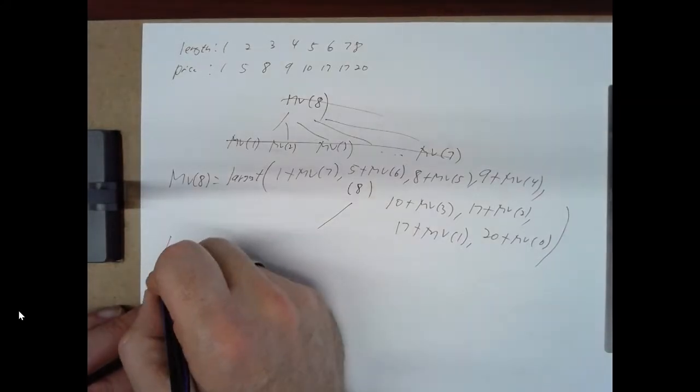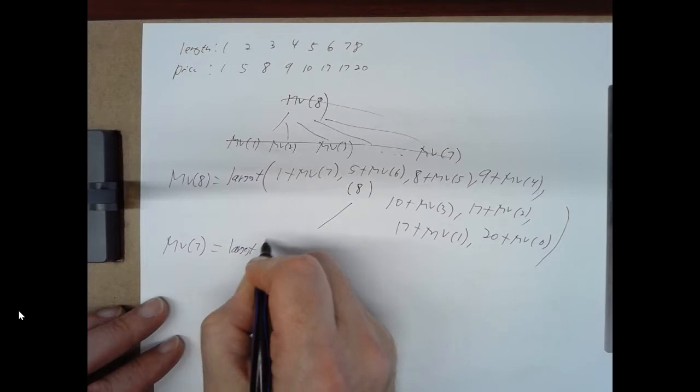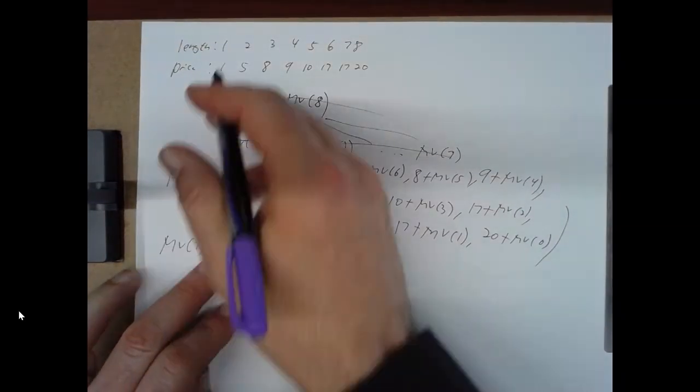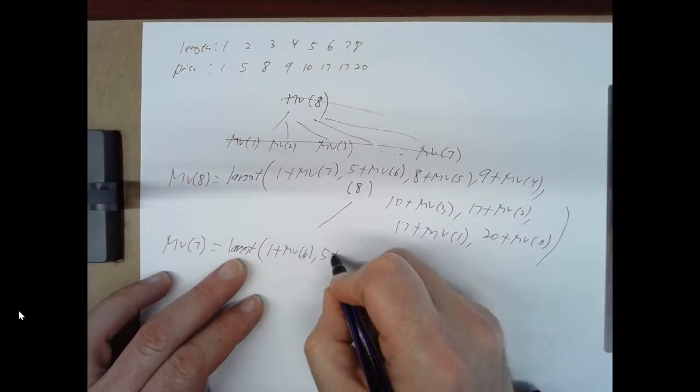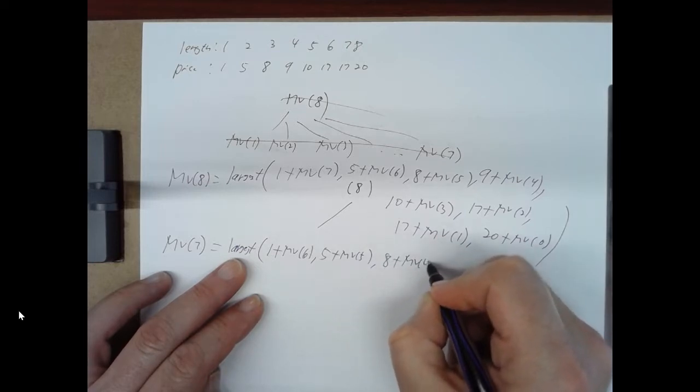Well, we certainly need to find max val of 7 in order to answer this. So max val of 7 equals the largest of 1 plus MV6, 5 plus MV5, 8 plus MV4. You got the idea?